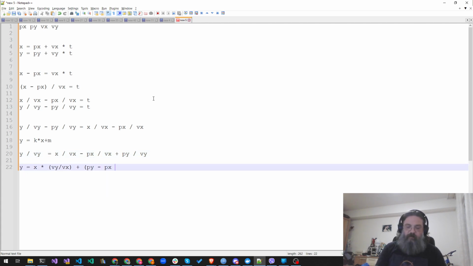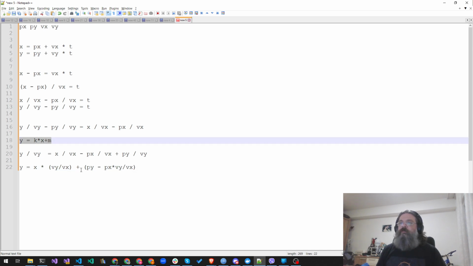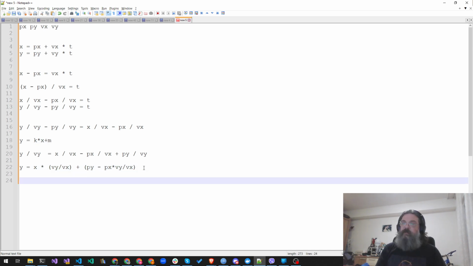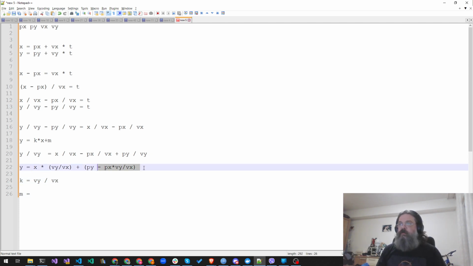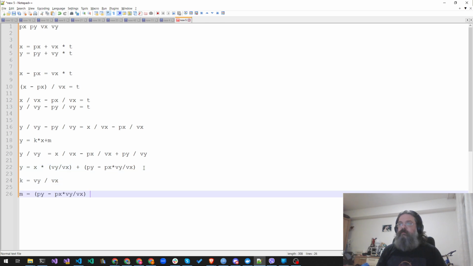And then we have times Vy divided by Vx. And this is the format that we've been looking for, because this format and this format are identical, which means that we have that k equals Vy over Vx and m equals this.